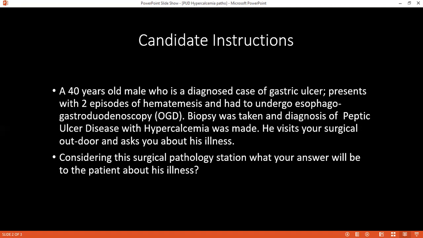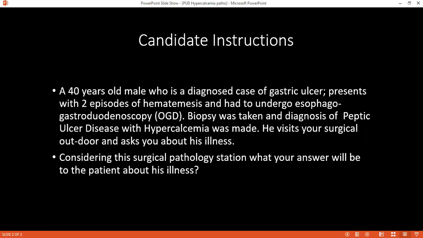You said there could be parathyroid adenoma. What is parathyroid adenoma? A parathyroid adenoma is a benign hyperplasia of the parathyroid glands. How should that be managed?